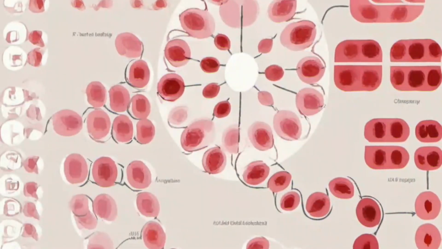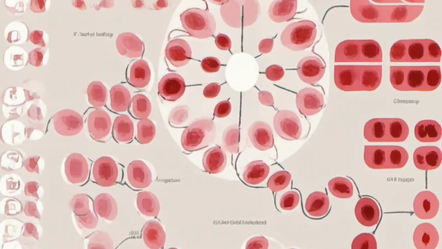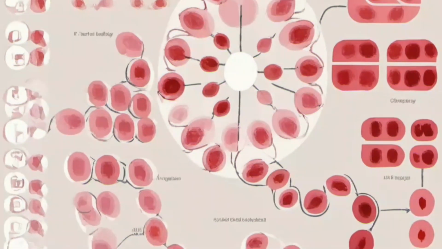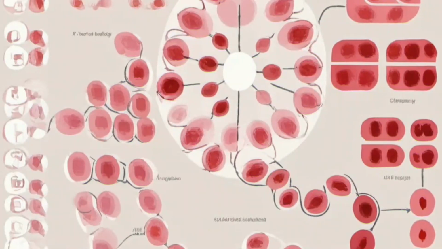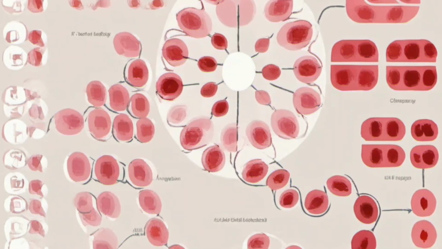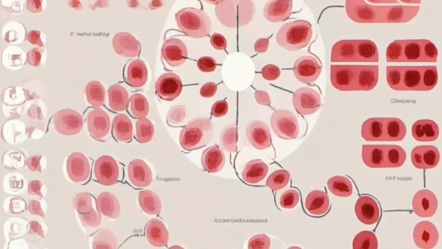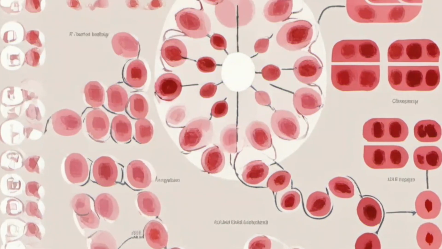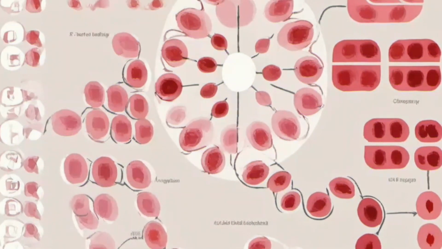ABO compatibility, blood type compatibility is essential. Type A individuals can receive Type A or Type O blood, Type B can receive Type B or Type O, Type AB can receive any type, and Type O can only receive Type O blood. This is known as the universal donor, O negative, and universal recipient, AB positive, concept.